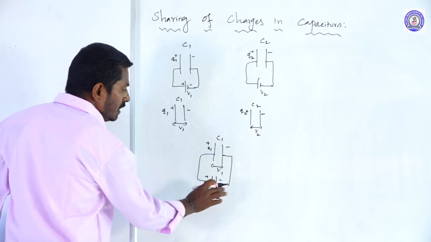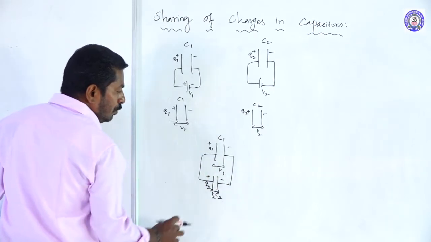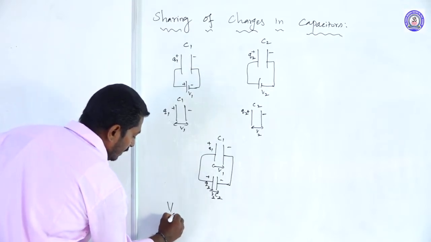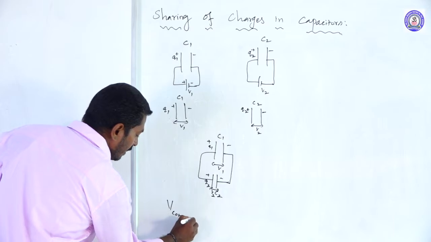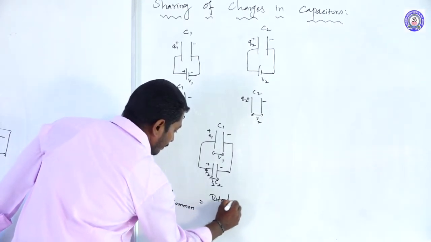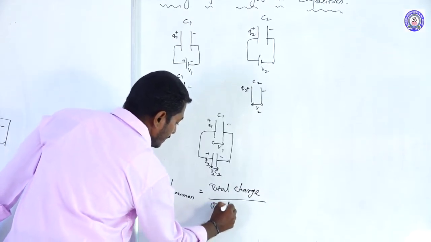After distribution of charges, both capacitors attain the same potential difference. That is called the common potential, V common, which is equal to total charge divided by total capacitance.